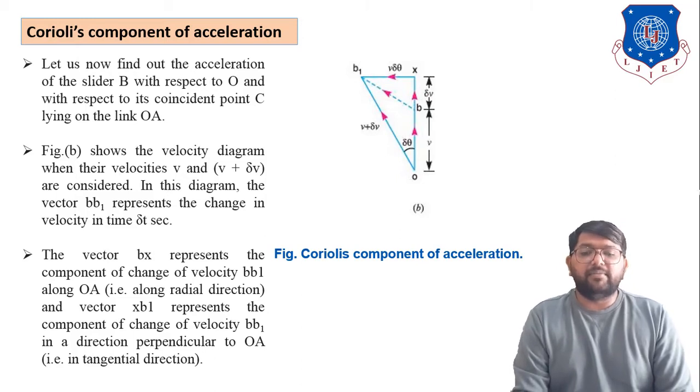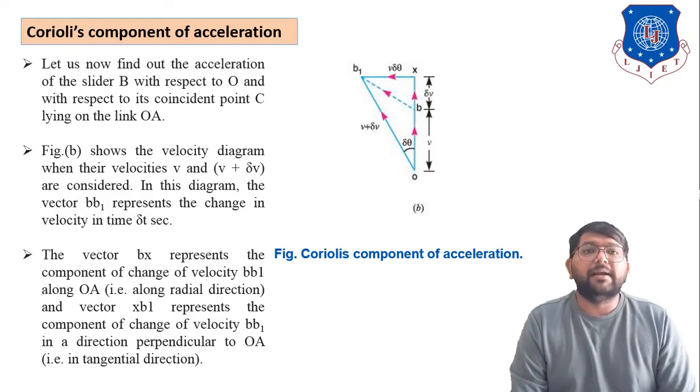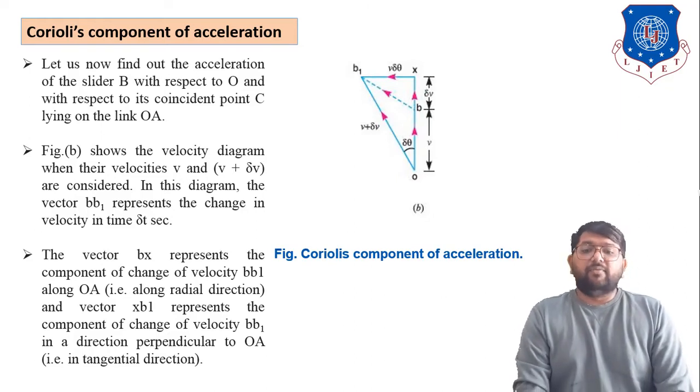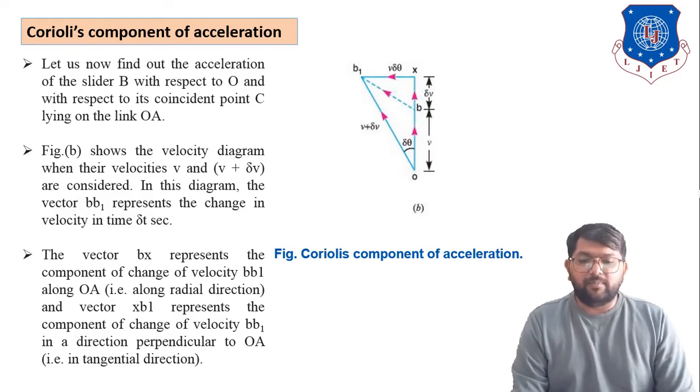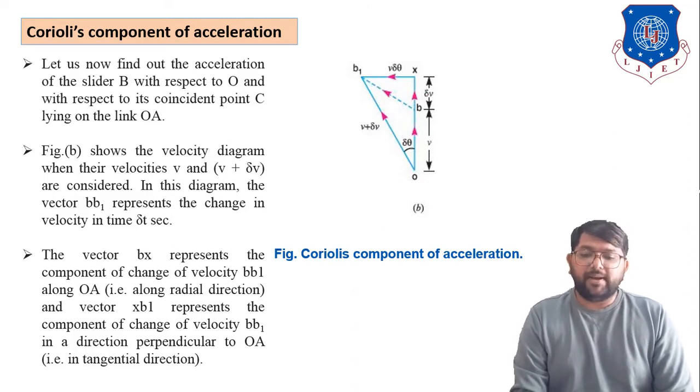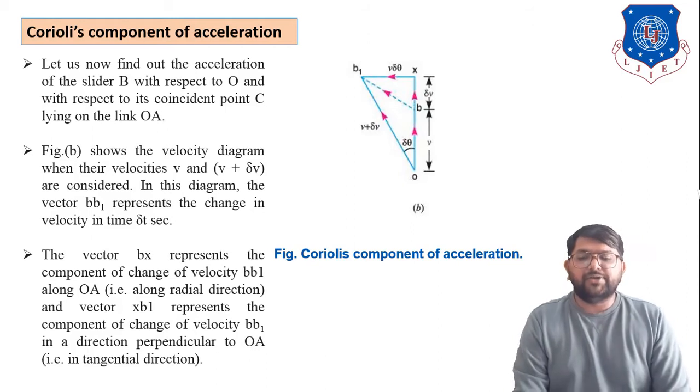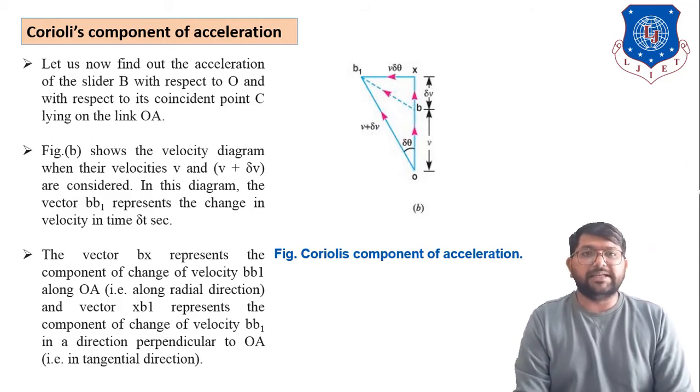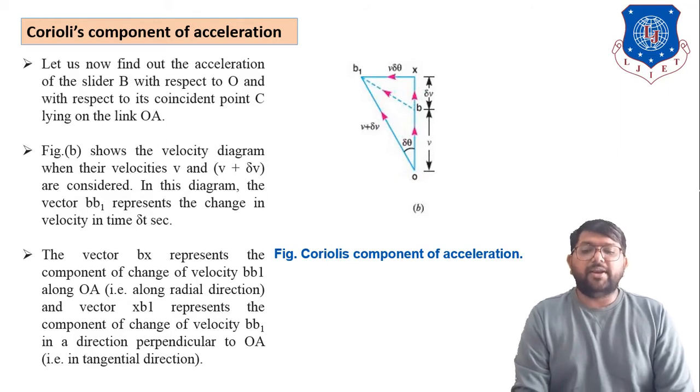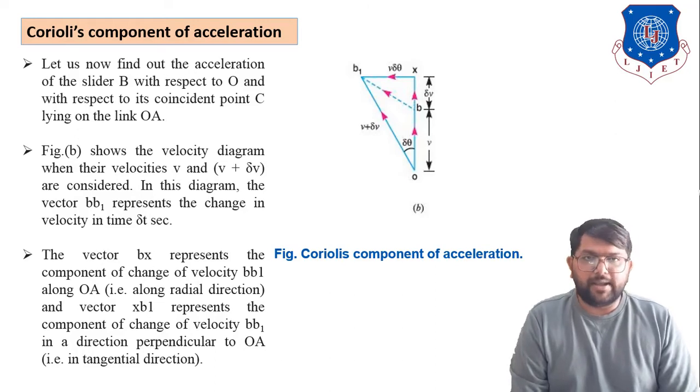In this diagram, the vector bb1 represents the change in velocity in time delta t second. The vector bx represents the component of change of velocity bb1 along OA, that is along radial direction, and vector xb1 represents the component of change of velocity bb1 in the direction perpendicular to OA, that is tangential direction.